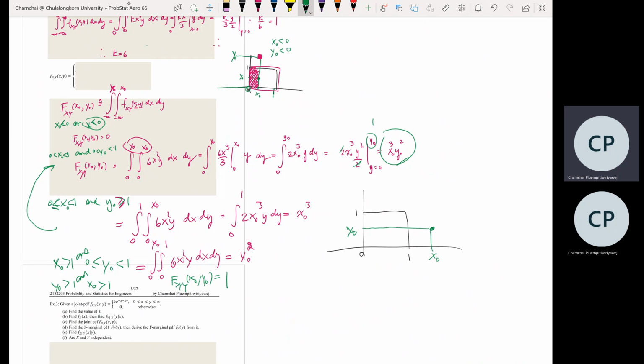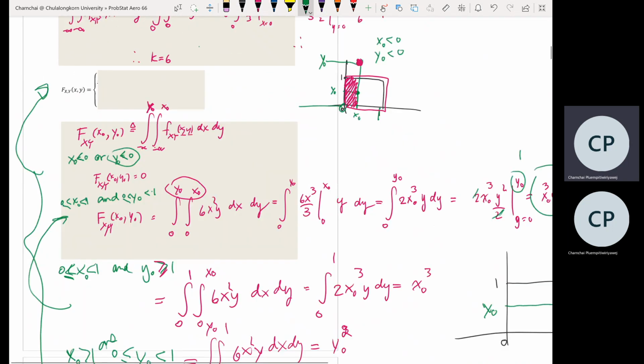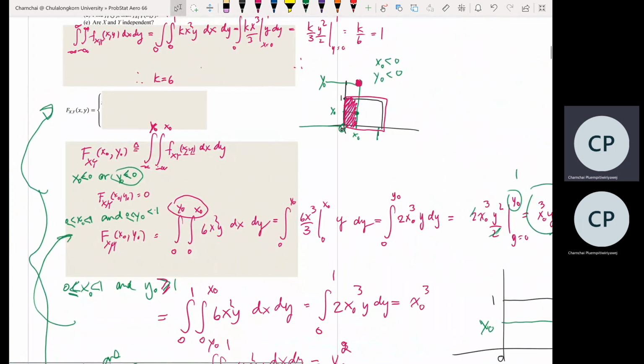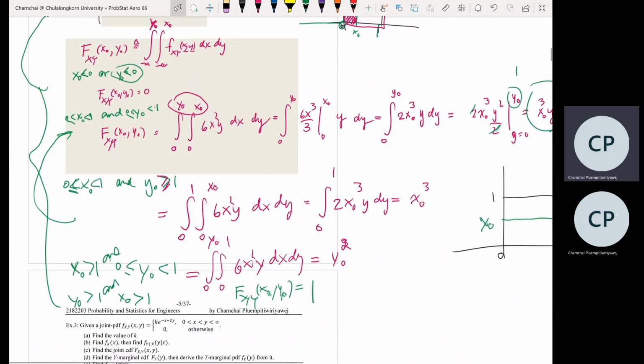Normally I use equal to for this one. Anything with less than, you can put equal signs anywhere. It could be more than or less than. So you put all these in here. So you're going to have how many cases? 1, 2, 3, 4, 5 cases.